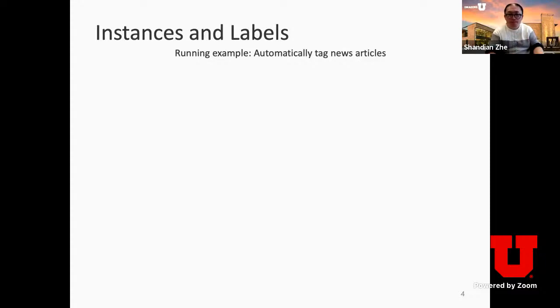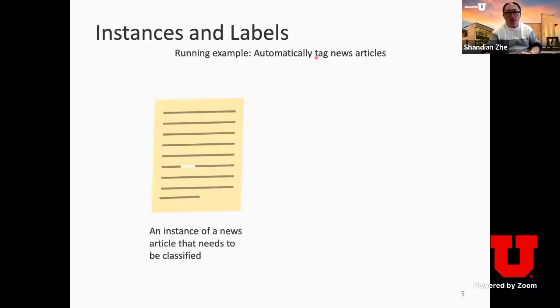Let us give a concrete example. Let us look at the running example, right? So suppose our task is to automatically classify news articles, right? So you have a lot of news articles. I want to categorize them into different classes, right? Say one piece of news article, we consider it to be a sports article, right?